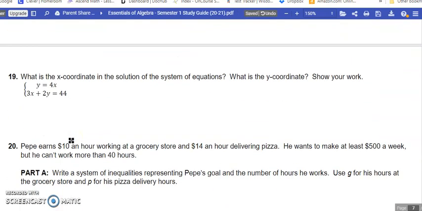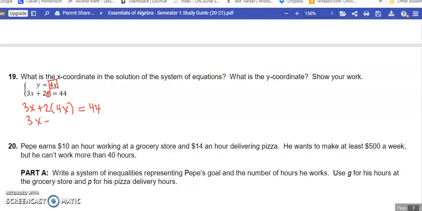All right, number 19, what is the x-coordinate in the solution of the system of equations? What is your y-coordinate? Show your work. Okay, so this is going to be a basic substitution problem. I think the best way to solve this is to plug this in for y. So we have 3x plus 2 times y equals 44.